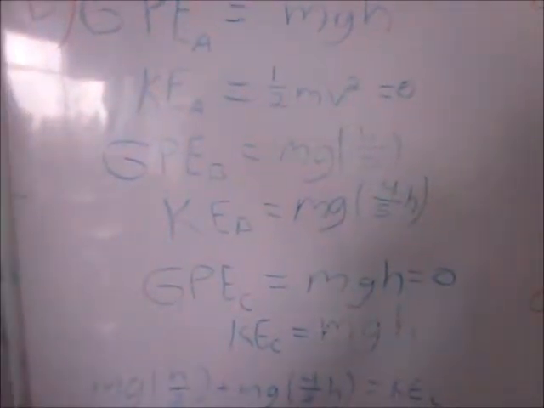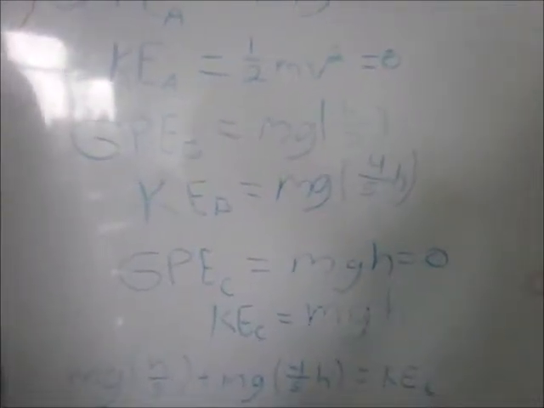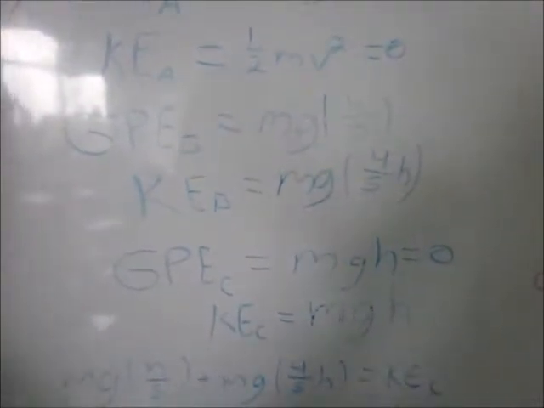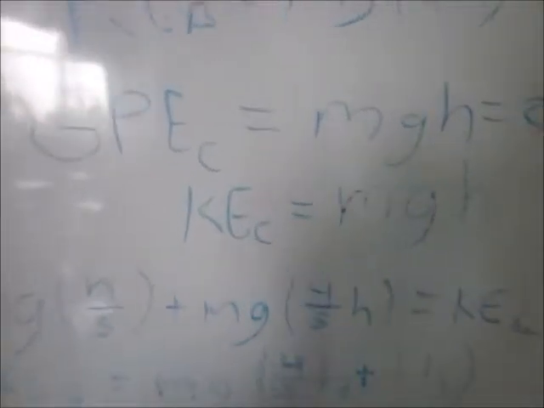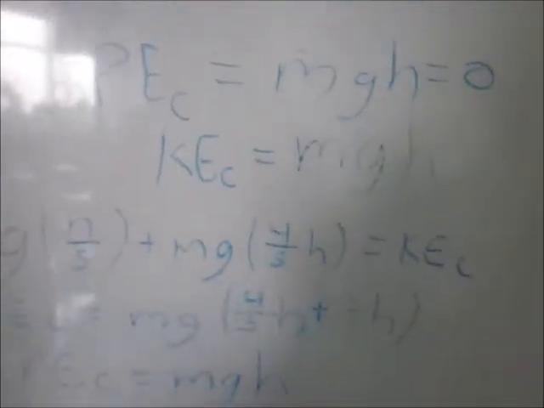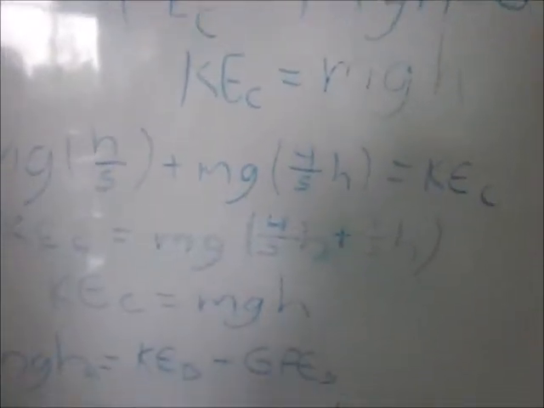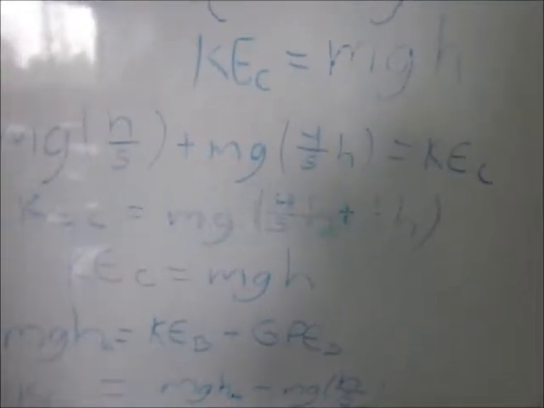The kinetic energy at point B is mass times gravity times 4 over 5 height. And the GPE at point C is mass times gravity times height equals 0. And the kinetic energy at point C is mass times gravity times height.